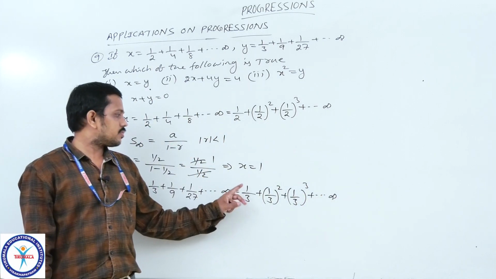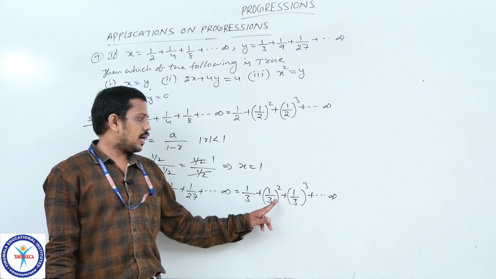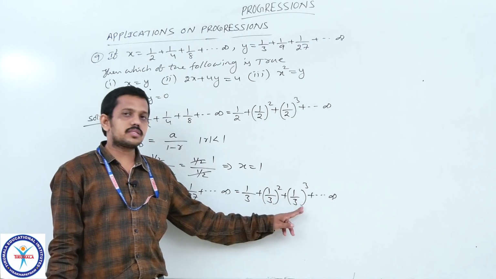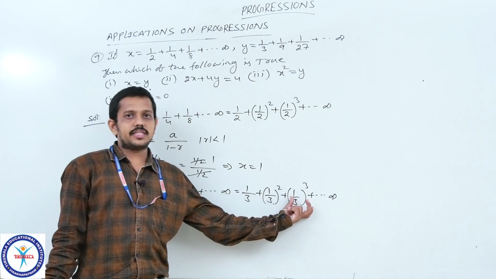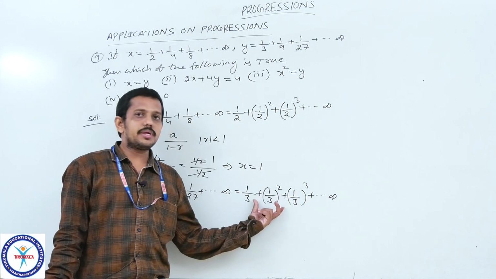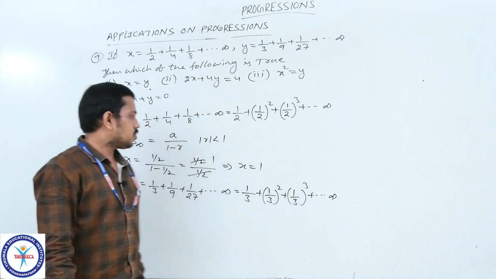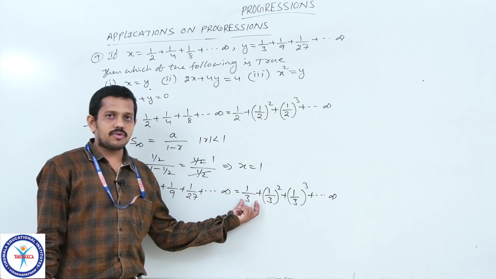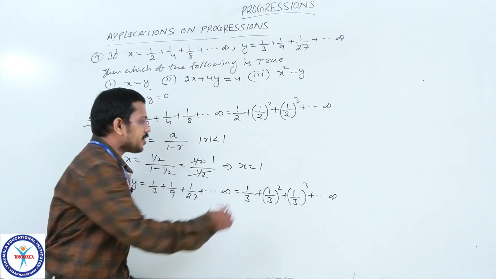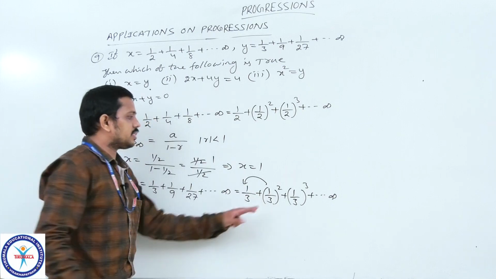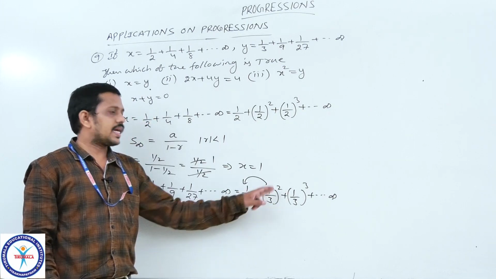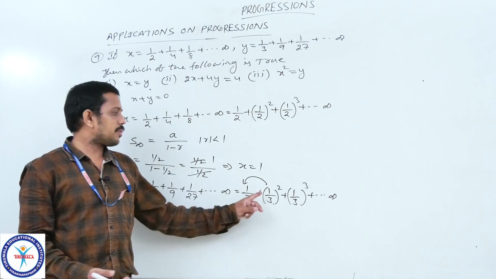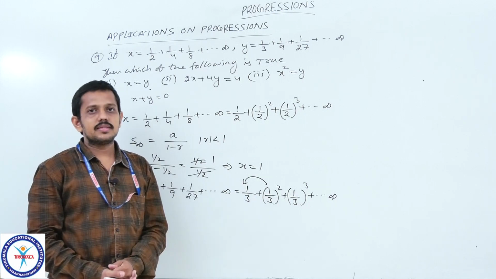This is in the form of r plus r square plus and so on, means the sum to infinite terms which are in geometric progression. So here the first term is 1 by 3 and the common ratio is the ratio between the second term and the first term, (1 by 3) whole square by 1 by 3, cancel 1 by 3 times. So the common ratio is 1 by 3.